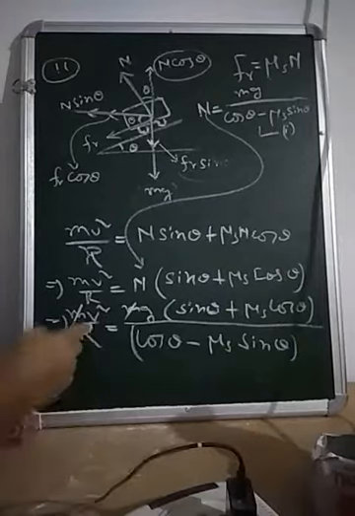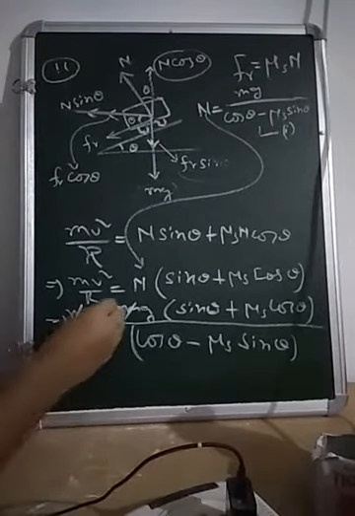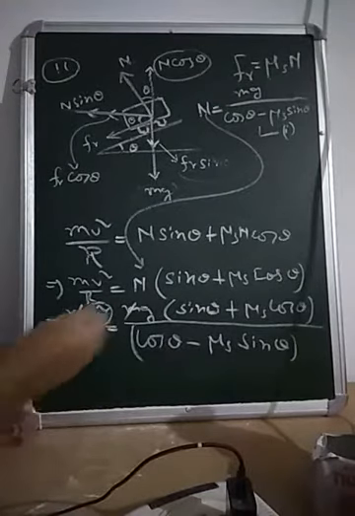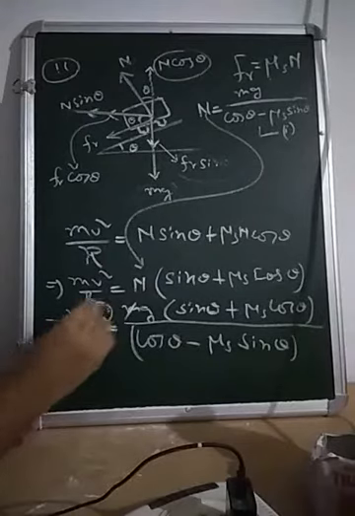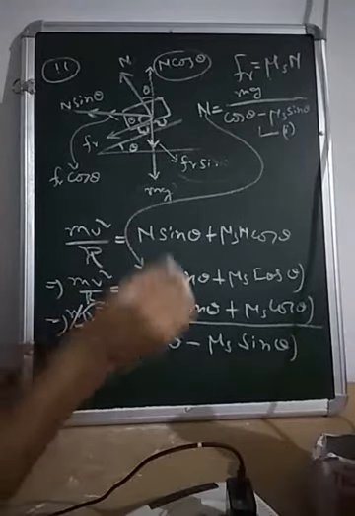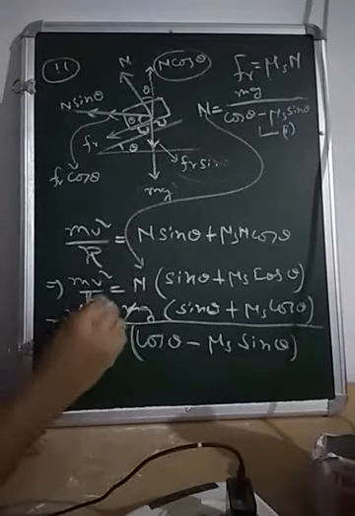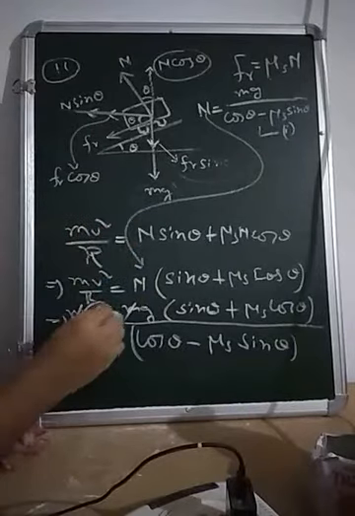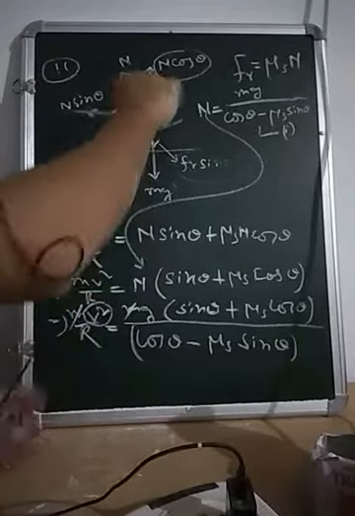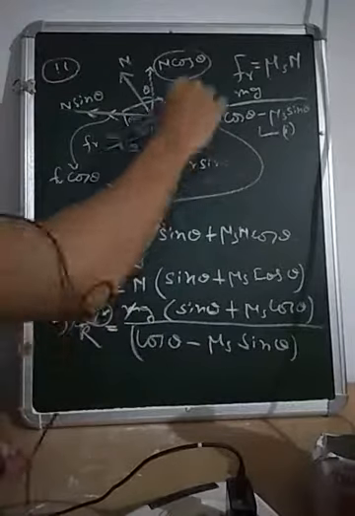So from here what we do? We will isolate the v term, okay. We want the velocity term, that is, the maximum velocity at which the car can take the turn on this banked road, okay.